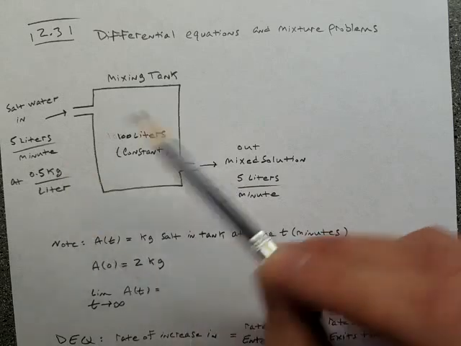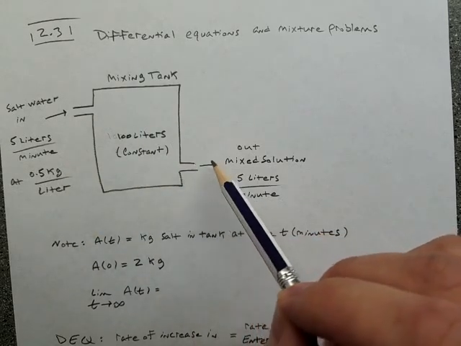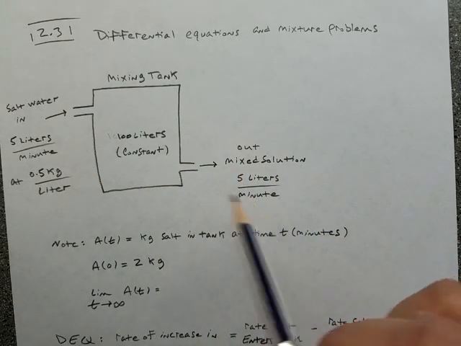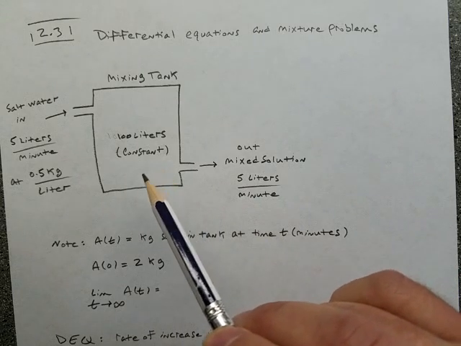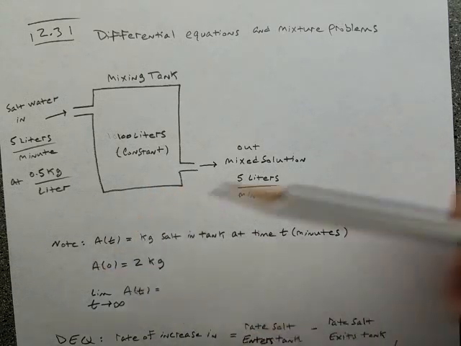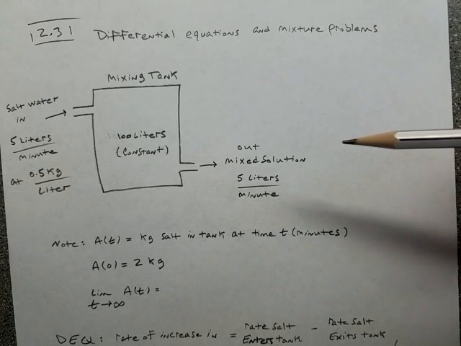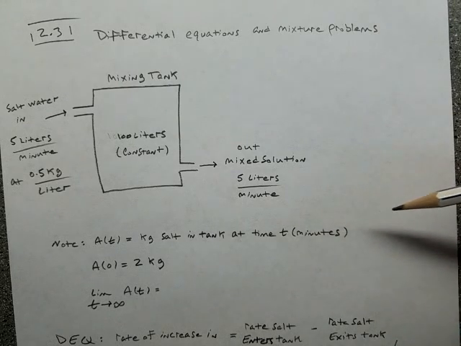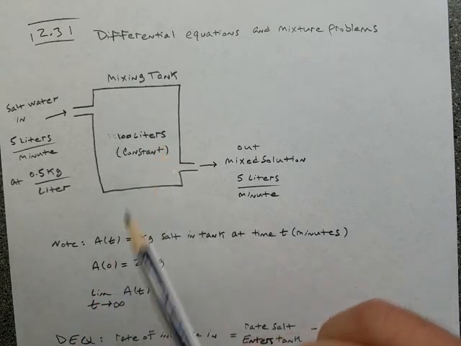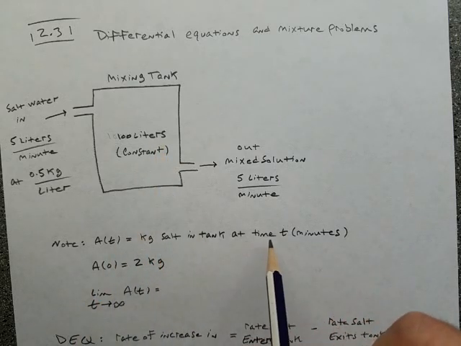It's mixed perfectly, and it flows out at the same rate. That keeps the volume on the inside constant. Okay. So that's what happens, and we're after this function that tells you the mass of salt in the tank at any moment in time.